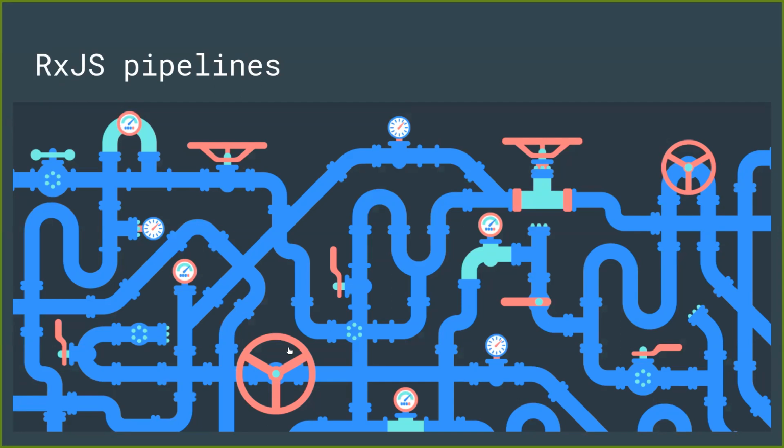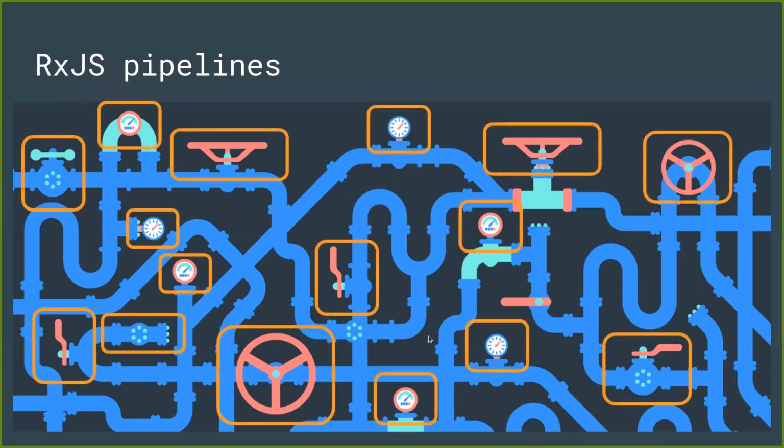So the water is the data and it flows through the pipeline, right? And everything else that controls the flow of the water are operators. So operators are mainly used to manipulate, transform, and filter the data. And we don't know when the data will come. It's totally dependent on the time. So we have a stream here.